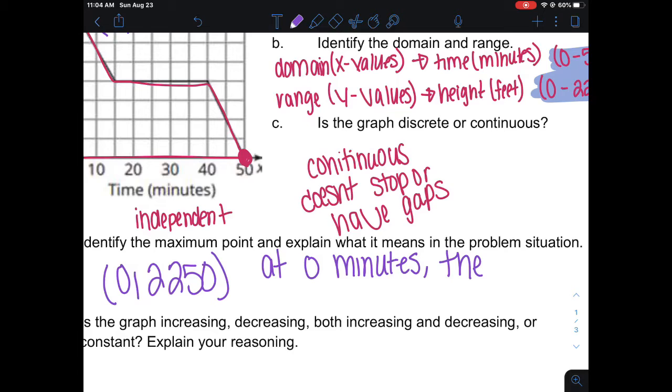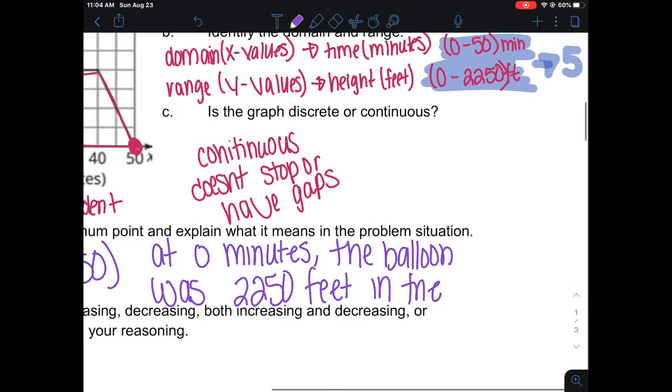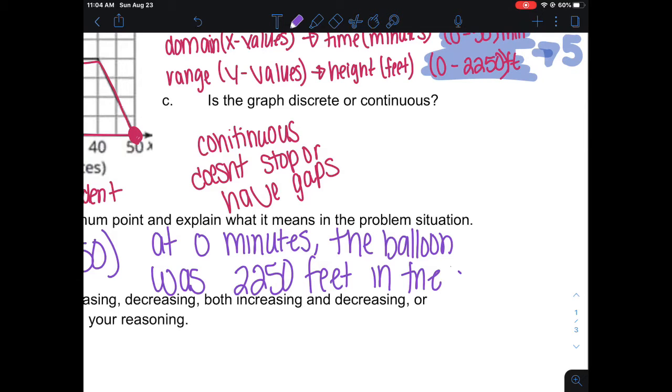The balloon. The balloon was 2,250 feet in the air, which is the highest the balloon would ever go. I don't know why I drew a parenthesis there. The balloon will never go past that maximum height.